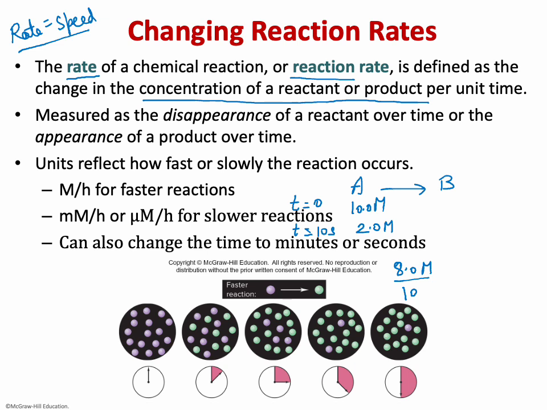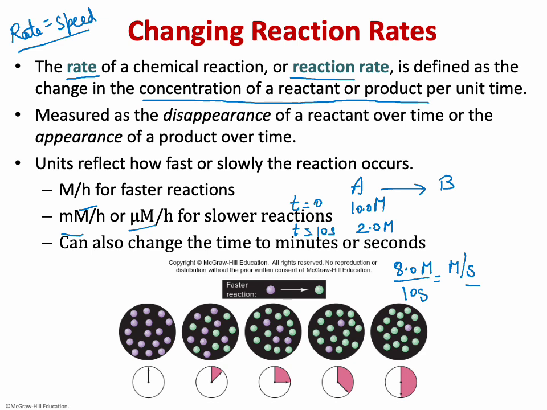So 8 divided by 10 seconds, that would give me my speed of a reaction, which means my speed would always have a unit of molarity over time. Molarity can be molar, micromolar, millimolar, whatever you want, and time could be seconds, minutes, hours. So this is usually the speed of a reaction. We can figure it out by measuring the rate of disappearance of A. Why?